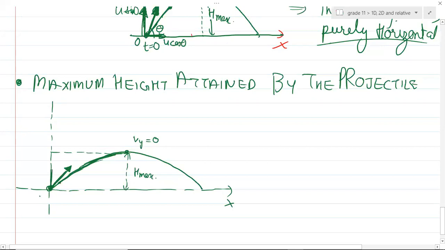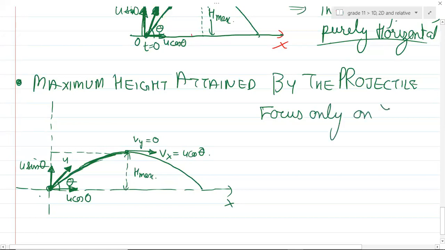If the object is thrown with initial velocity u at an angle theta, will this be the x component? But do we require the x component? Only focus on the y component. Just focus only on the y component, guys. So what is the initial velocity from here?